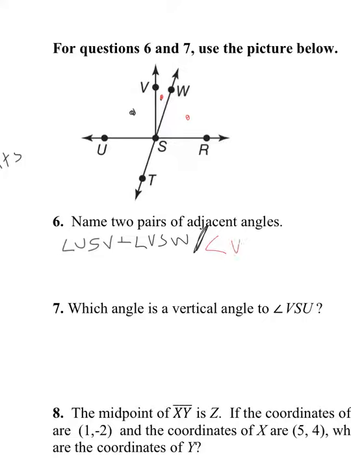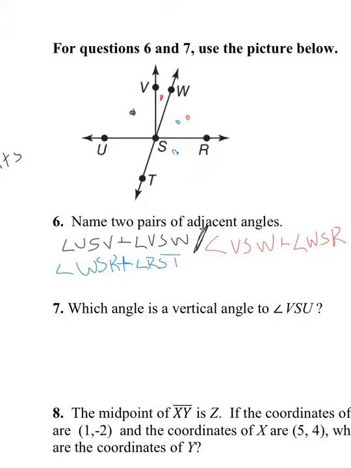So that is VSW and WSR. All right, but then we can also take these two, right? And that is going to be angle WSR and RST. So as you can see, I'm just kind of going around circular and just making all the pairs.